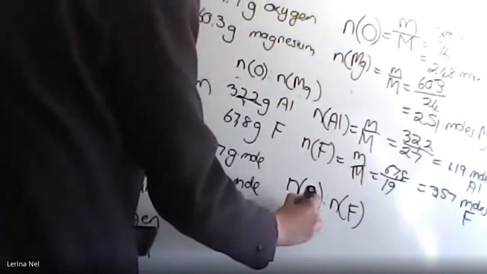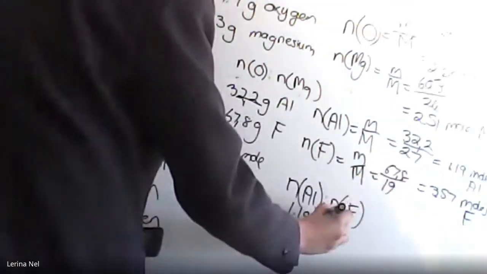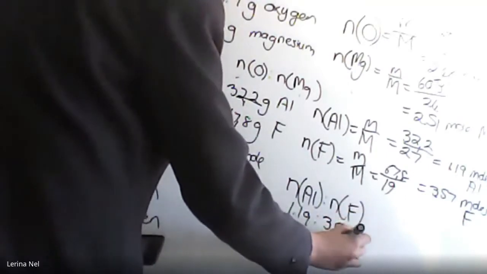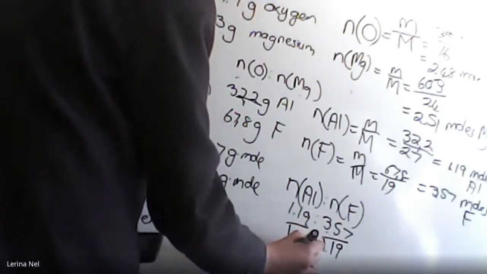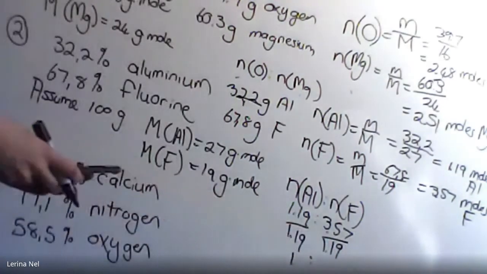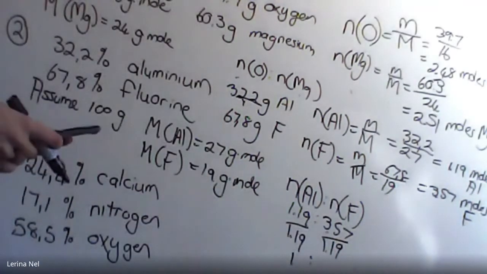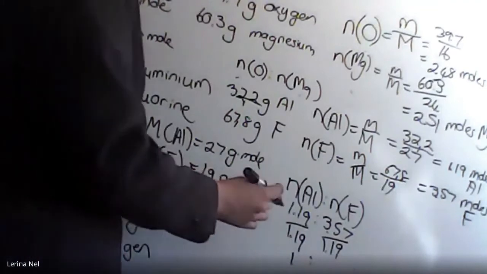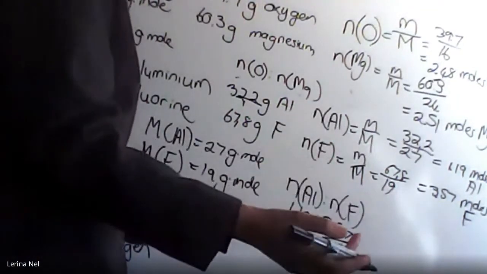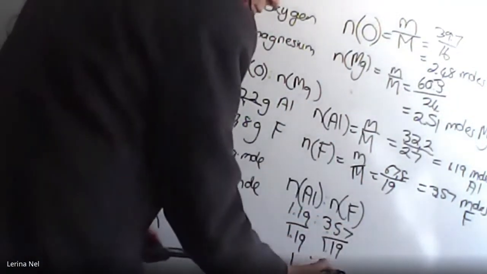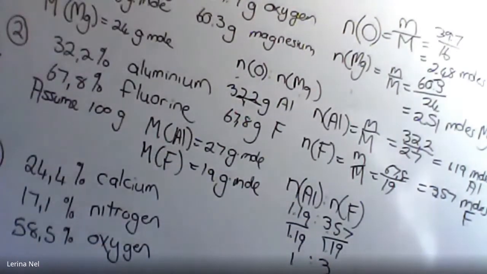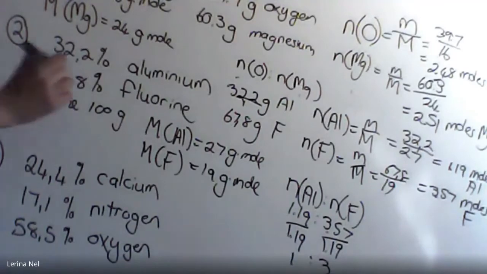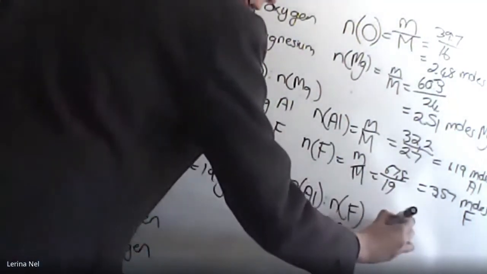Aluminium 1.19 to 3.57. In this case, I divide by the smallest number on each side. And that gives you something like 2.99, which you can round off to 3. So this is going to give you a ratio of 1 to 3. Therefore, the empirical formula for aluminium fluoride is AlF3.